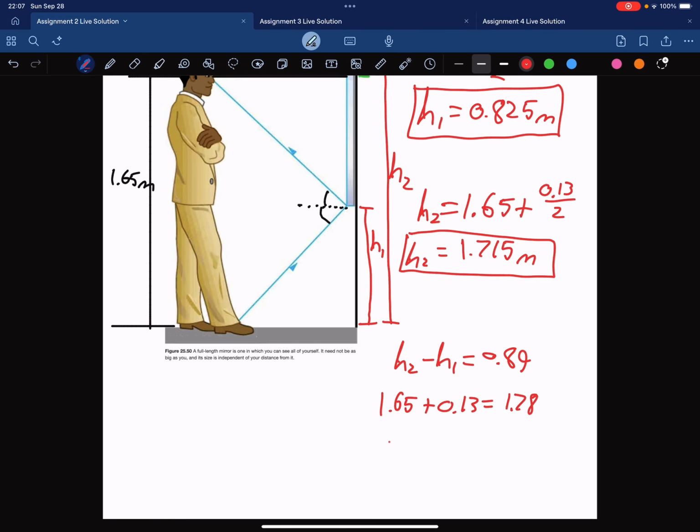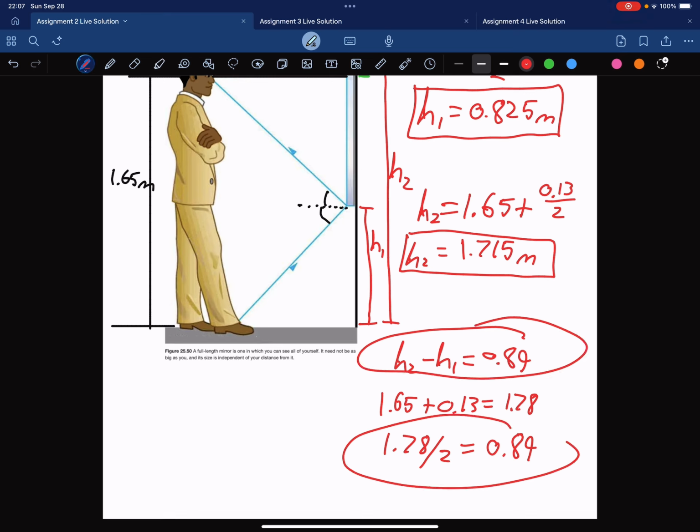And if you take 1.78 divided by 2, you get 0.89. So this top circle that I just circled is the height of the mirror, the length of the mirror.